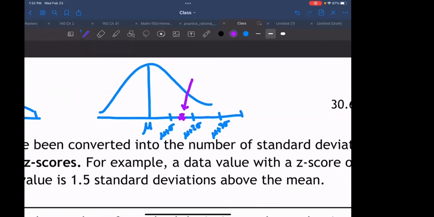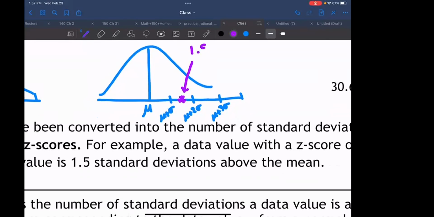Well, this point here is 1.5 standard deviations above the mean, right? So basically another way of saying that, instead of writing that huge thing out, we can literally write z equals 1.5. Okay, so just another way of saying that something is 1.5 standard deviations above the mean.